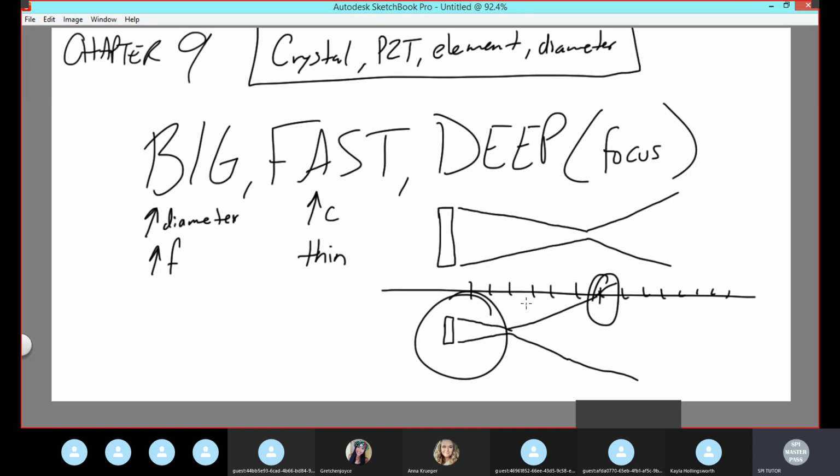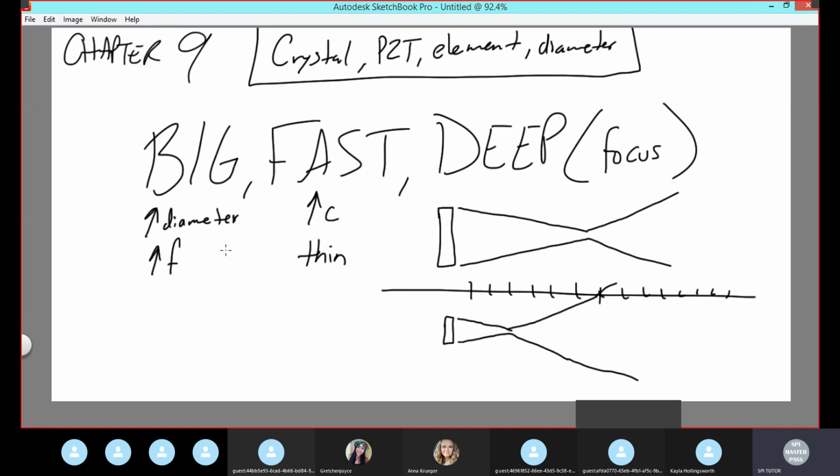You're going to have to switch transducers to get one that has a focus around that area. Now we don't do that. Now we move our focal point. So we don't worry about that. But before, that wasn't the case. Before it was wherever your beam focuses, that's it. Nothing you can do about it.